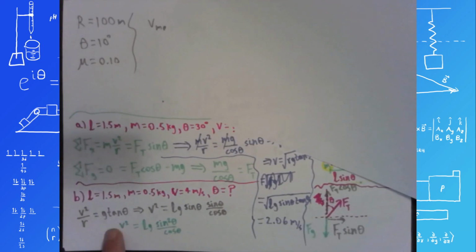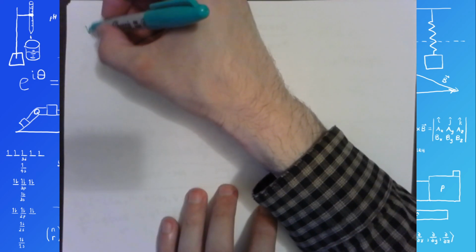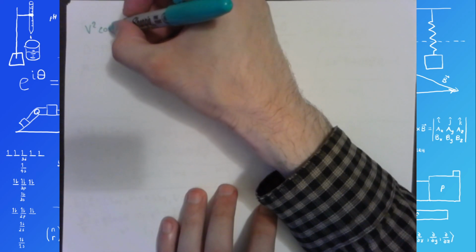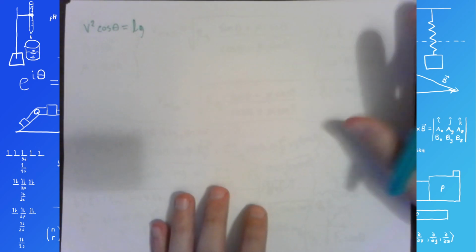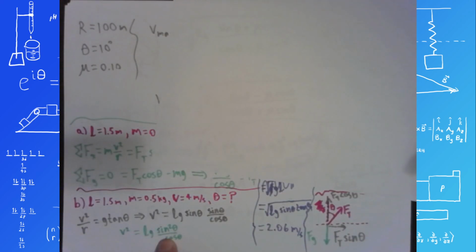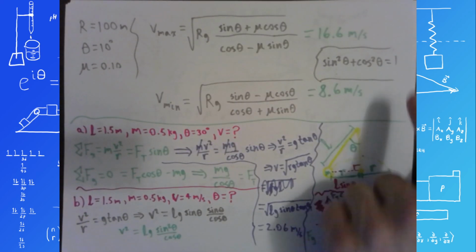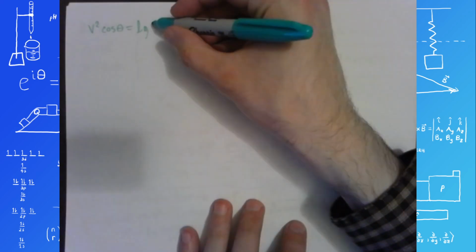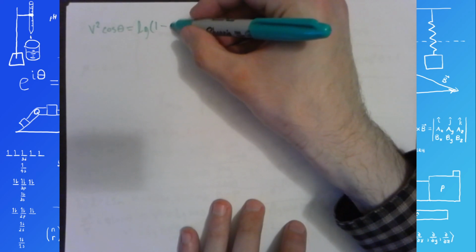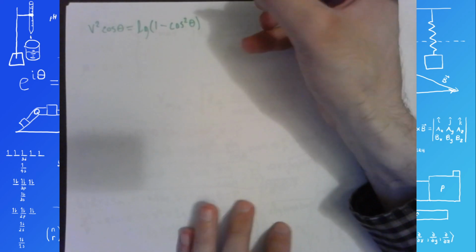I'm going to multiply the cosine into the v squared. So I'm going to do v squared cosine theta equals, and then on the right hand side I had the LG, and I also had the sine squared theta. What I'm going to do with the sine squared is rewrite it as 1 minus cosine squared of theta.